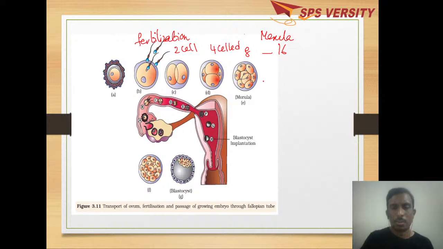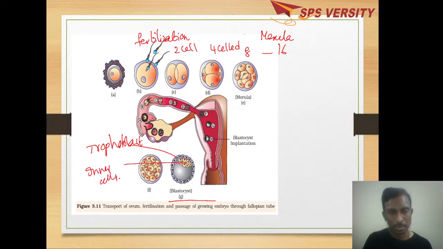After that it is called blastocyst. Here you can see the blastocyst, where the outermost layer of cells is called trophoblast, by which it is attached to the endometrium, and this is called the inner cell mass.